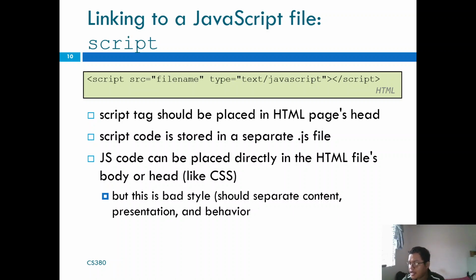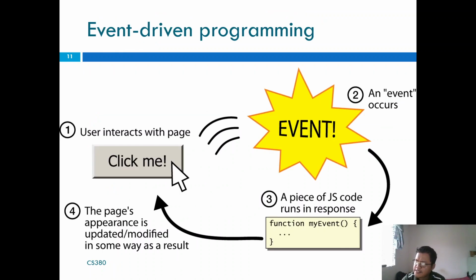So that's it, guys. Create a separate JS file and you should link it using this line of code. Since we are talking about event driven, what usually happens is you have a button labeled click me. Once you click the button, an event is triggered and captured by the web browser.